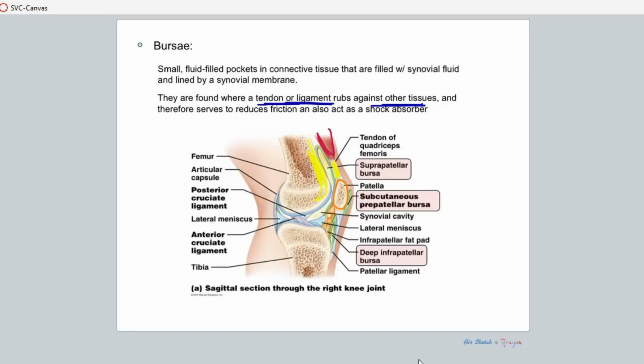And we don't want the femur to rub against the tendon, so we separate that by a bursa. It's this tubular structure that's filled with synovial fluid. Here's another one here. This is the prepatellar bursa. And then there's another one right there. But again, you can see that it's protecting this tendon, or actually this is a ligament, the patellar ligament, from rubbing against the tibia.